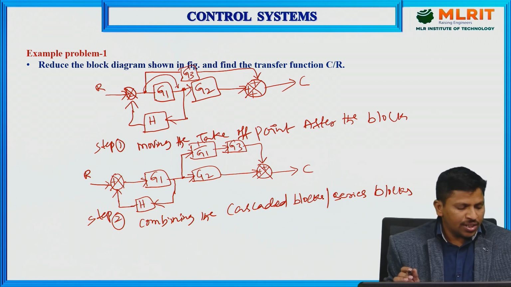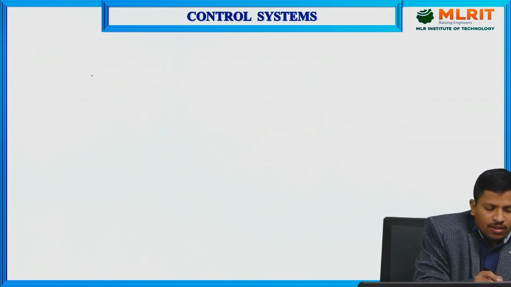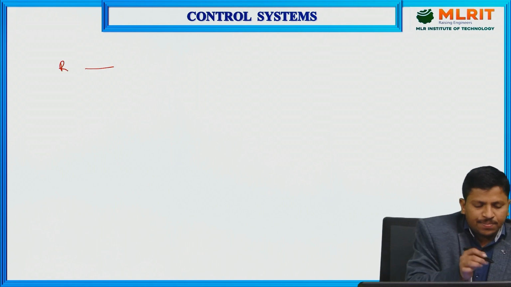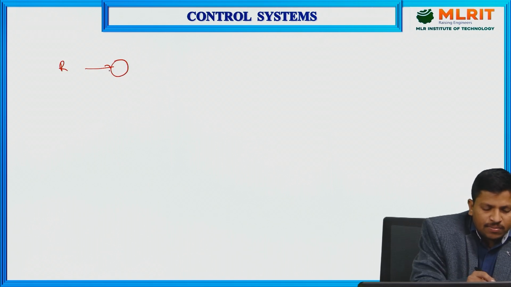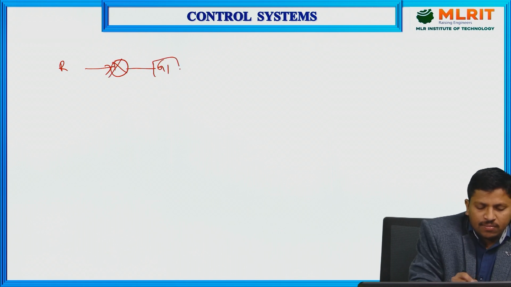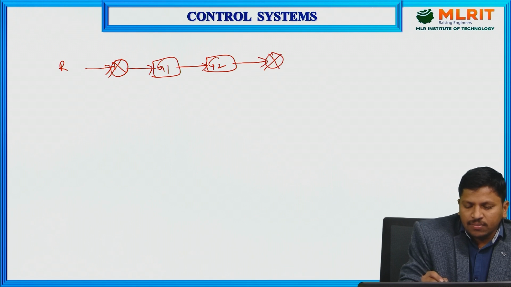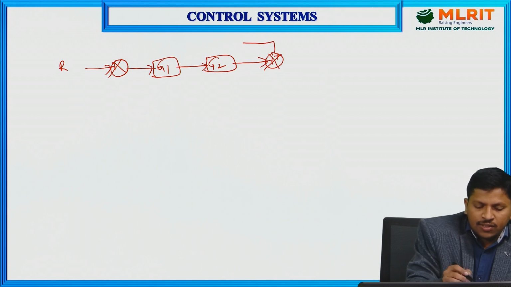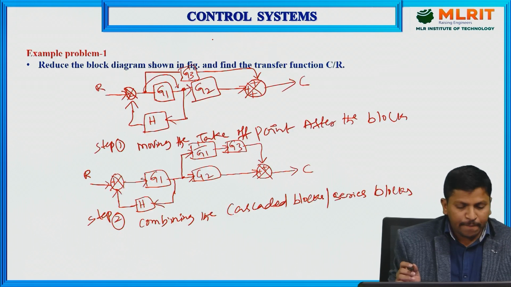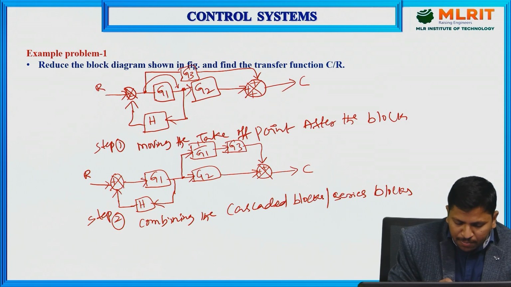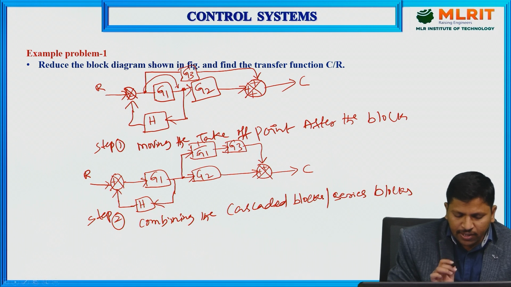Now I am going to redraw that after applying the second rule. Here are the summing point, gain G1 and gain G2, and the summing point. These two are in cascade form. 1 by G1 into G3 means G3 divided by G1.